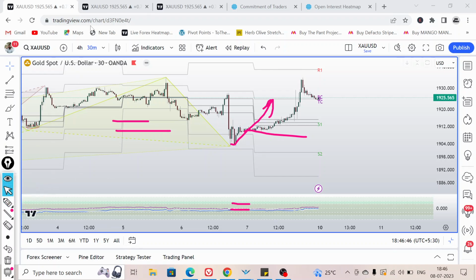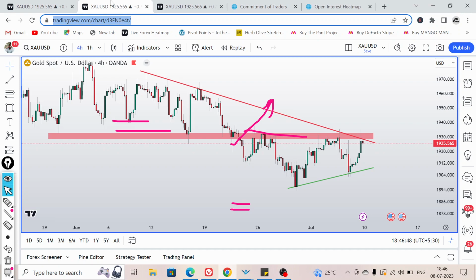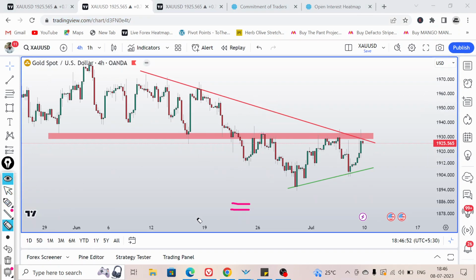Let's discuss those levels. If we check the 4-hour time frame, I already said on this chart many times in the Telegram channel that the most important resistance zone is this one, around 1930 to 35.